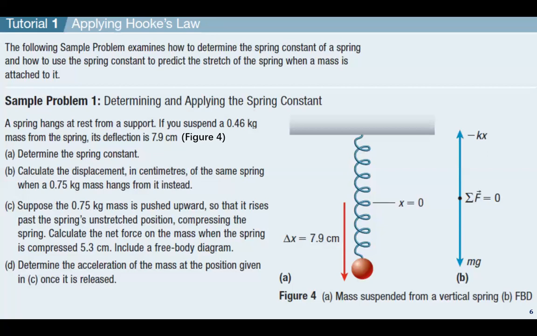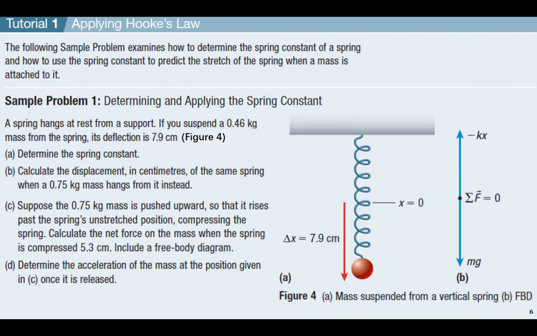So there are 4 questions. A, can you determine the spring constant according to the formula we have just learned? Question B, can you calculate the displacement in centimeters of the same spring when a 0.75 kilogram mass hangs from it instead?